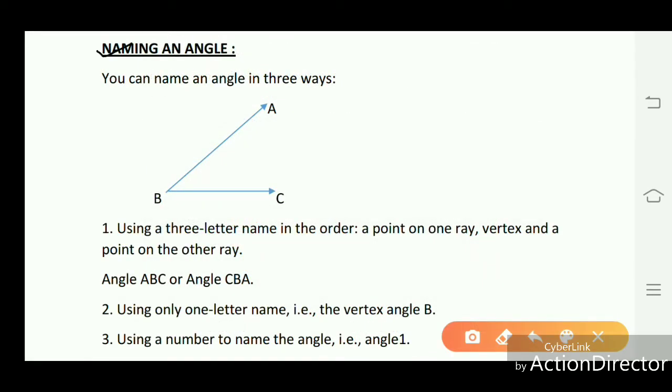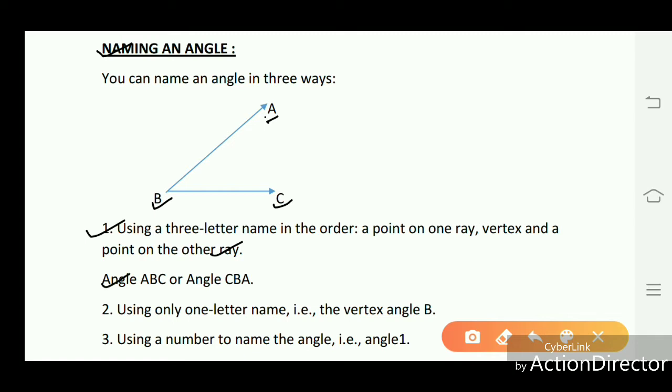Now naming an angle. You can name an angle in three ways. First, using a three-letter name in the order: a point on one ray, the vertex, and a point on the other ray. Like here, A is a point on the ray, B is the vertex, and C is a point on the other ray.